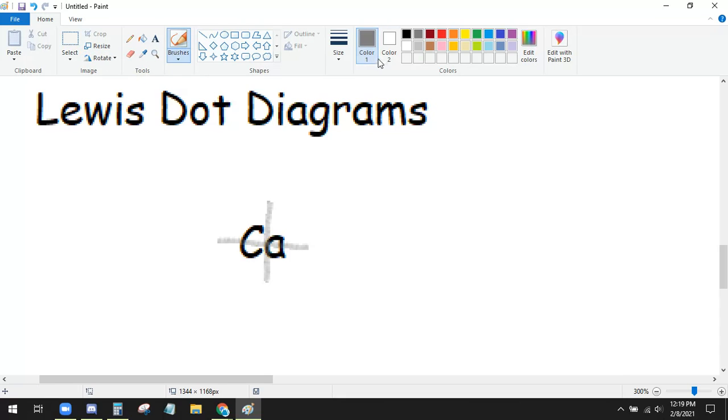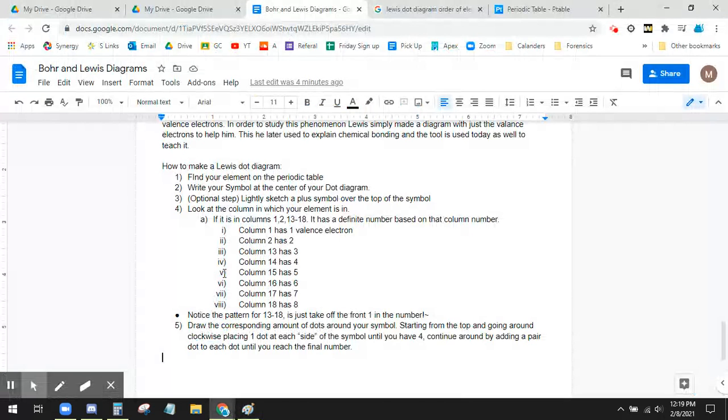All this is trying to do is show you that each symbol has 4 sides, and we want to use those 4 sides to our advantage to break up our diagram. Okay, that sounds confusing, but I promise it's easy. So we did that optional step. If you understand that each of your symbols has 4 sides, you don't need to do this step. This is only for the people who need help organizing their diagram.